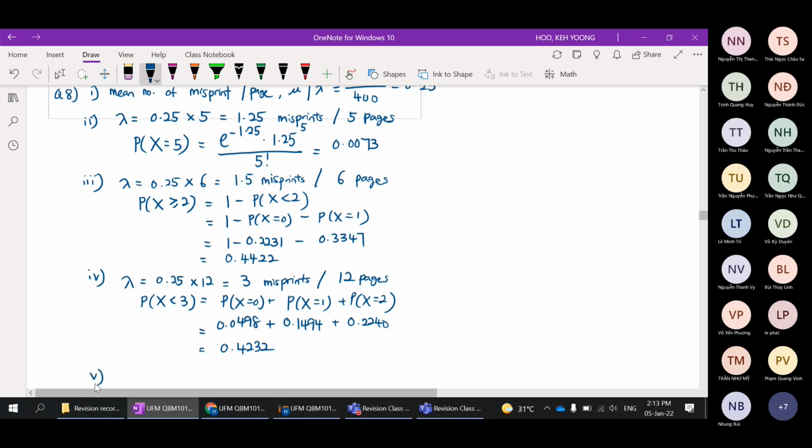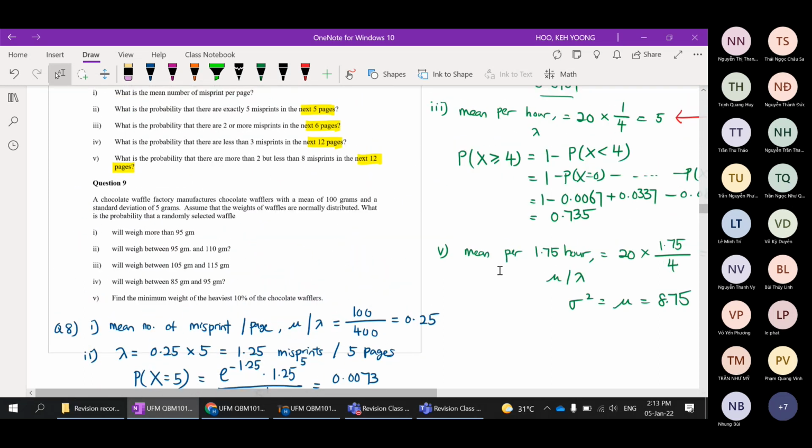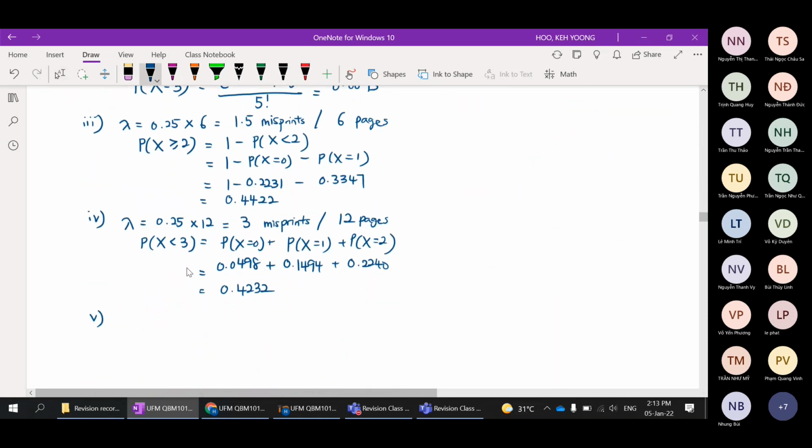Question 5. What is the probability that there are more than 2 but less than 8 misprints in the next 12 pages? This question is the same as the previous one, so we are still going to use lambda equals 3 for 12 pages. You want to find the probability that the number of misprints is more than 2 but less than 8.